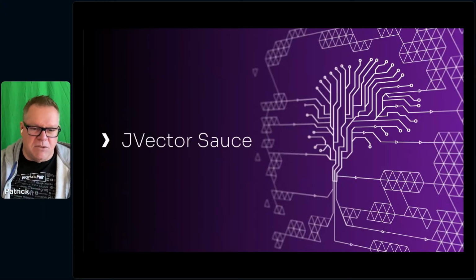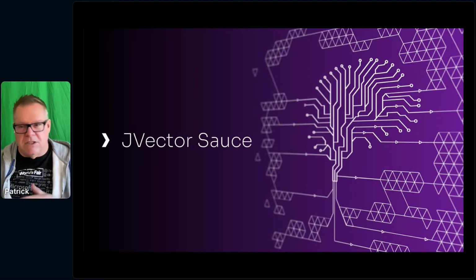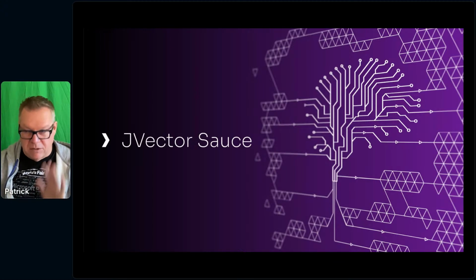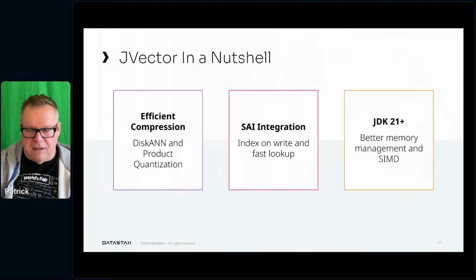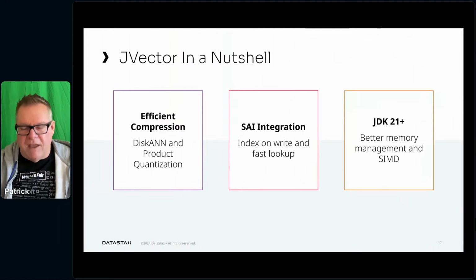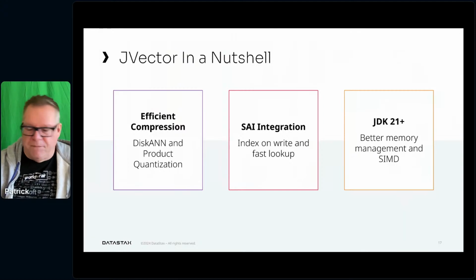So let's get into some JVector stuff. What is it about JVector that is important and you need to know about? First of all, it is the efficient compression in this. Let me rewind. Vector embeddings are, like I said, an intense amount of data, and you have to have a very clear picture of what you're doing, and it's all numerical data.